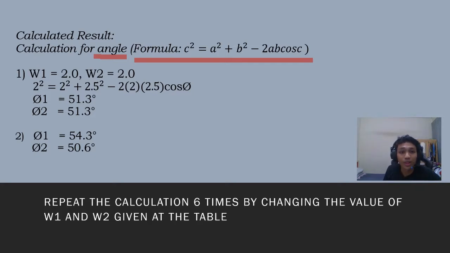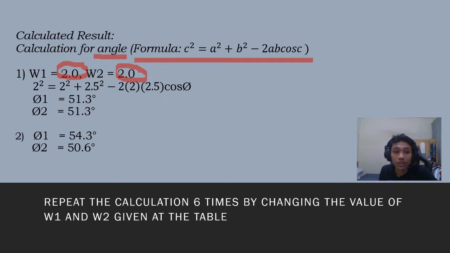For example, the value of W2 in reading 1 is 2 Newton, and for W1 we also have 2 Newton. The answer for the angle for W1 is 51.3 degrees, and for W2 also 51.3 degrees.